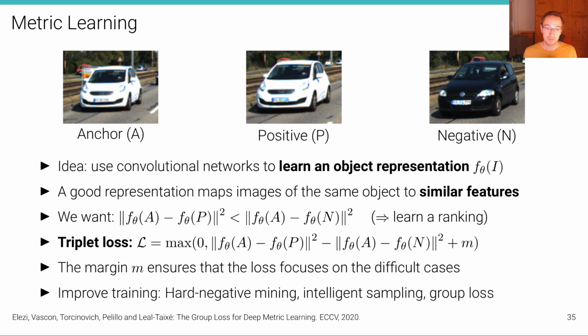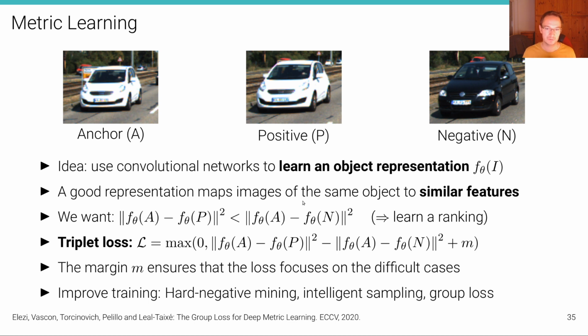And then there's various techniques on how you can improve training of this triplet loss. For example, typically what is done is using techniques called hard negative mining, where not arbitrary patches are sampled in the image, but we sample patches that are likely to be hard. For example, the black car is clearly different from the white car, but maybe there's more similar but still different white cars that we want to separate.